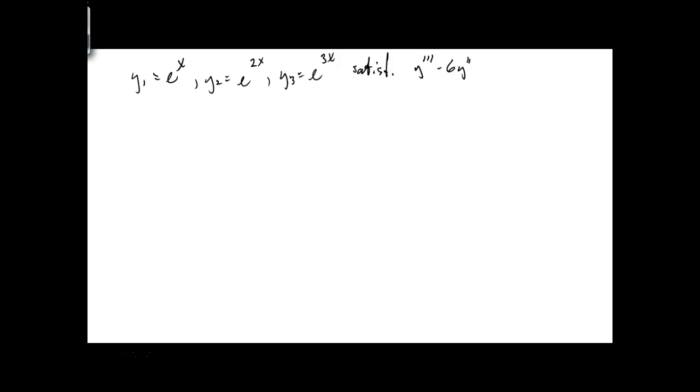Okay. Plus 11y prime minus 6y equals 0. It's a third order linear homogeneous, because it equals 0, differential equation. Okay? All right.